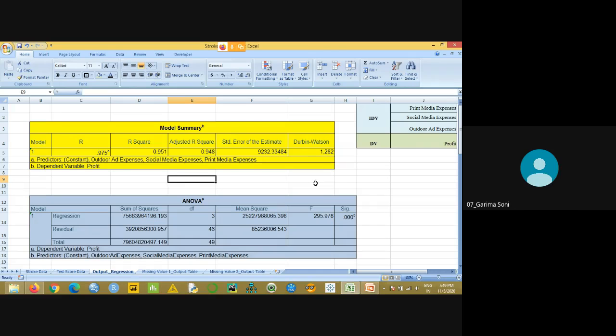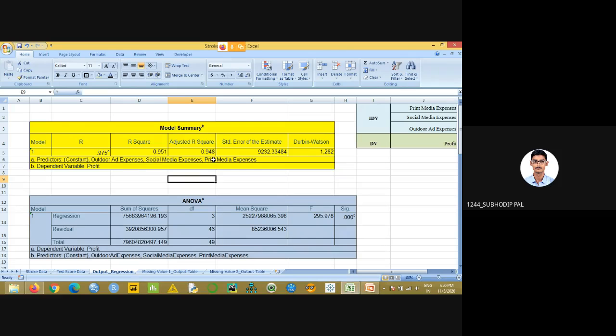Here I am not giving you the data set. I am directly presenting the regression output. In the model summary table, it's clearly written: my dependent variable is profit, and my predictors, meaning the independent variables, are outdoor ad expense, social media expense, and print media expense.